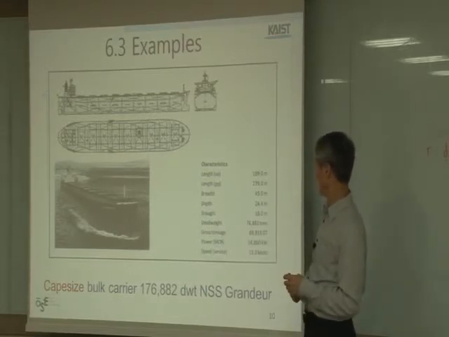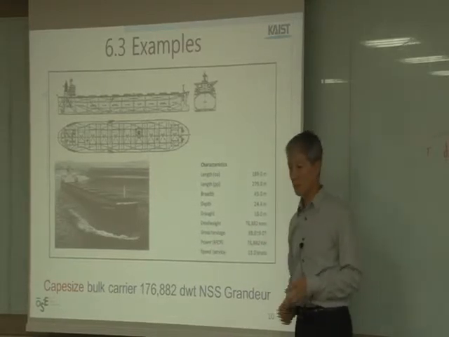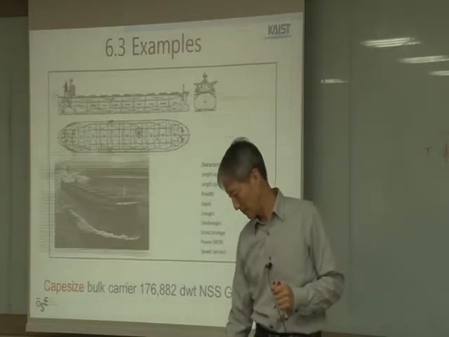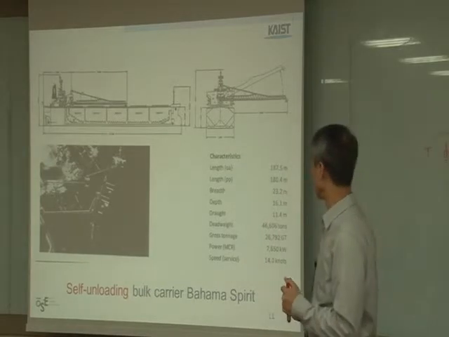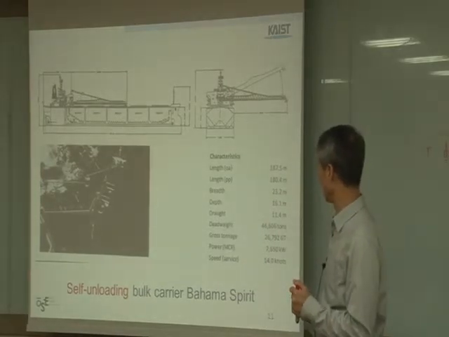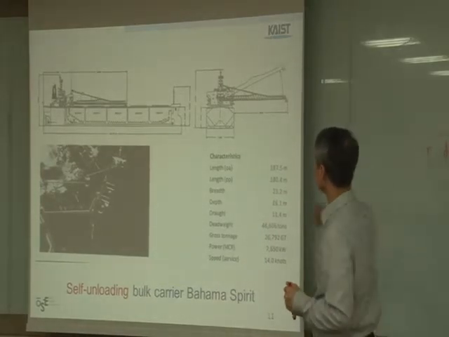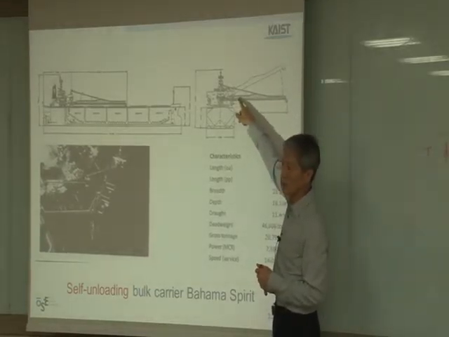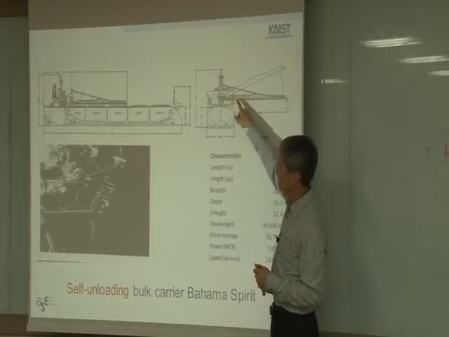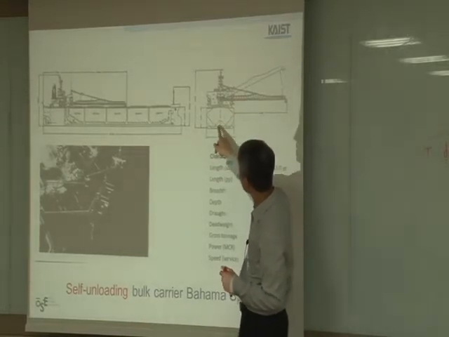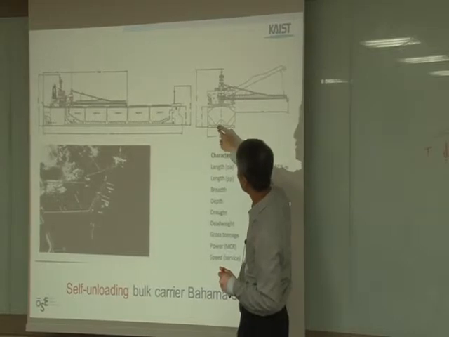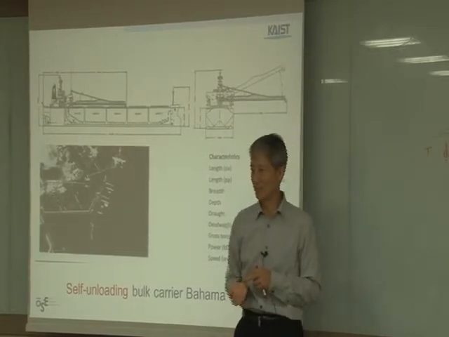Deadweight, gross tonnage. Gross tonnage is a little bit complicated, so I will not explain this. Self-unloading bulk carrier. What is self-unloading? It has its own way of loading and unloading cargo, the grain cargo. You can see here's a special shape, and below there is a conveyor belt.